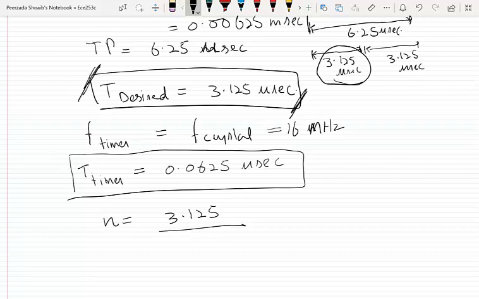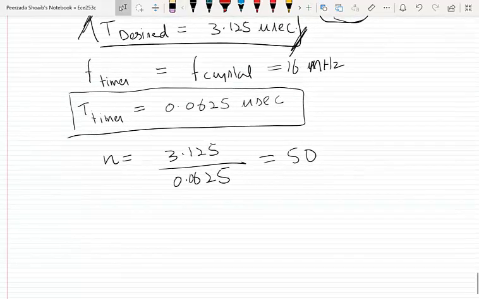So n is 3.125 divided by 0.0625, which comes to exactly 50.